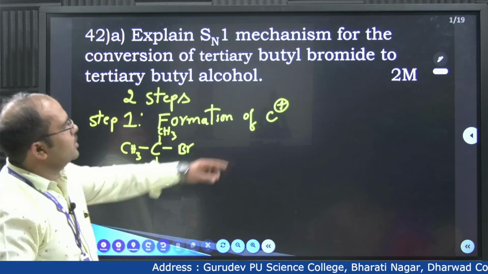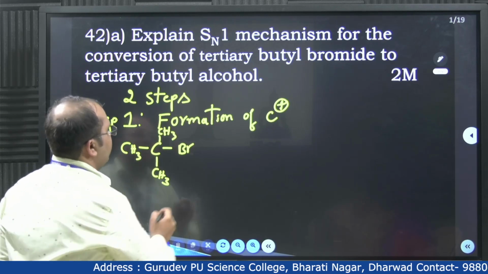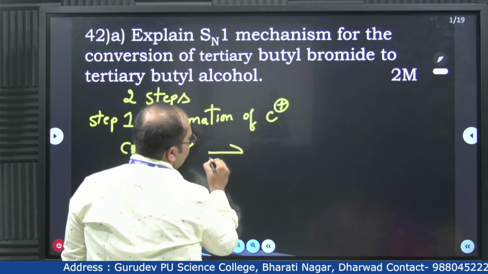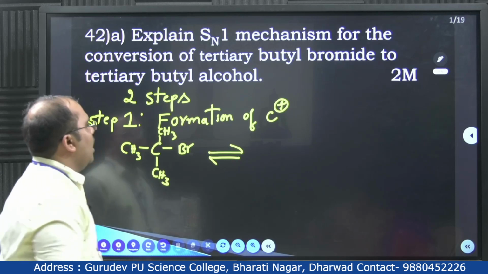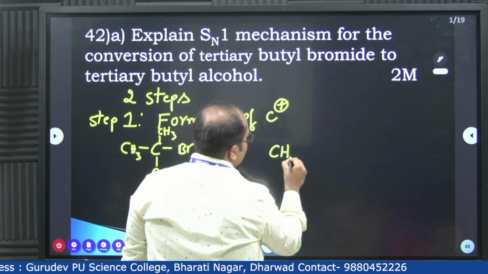In the question they have already clearly mentioned tertiary butyl bromide. This tertiary butyl bromide undergoes reaction forming the carbocation.